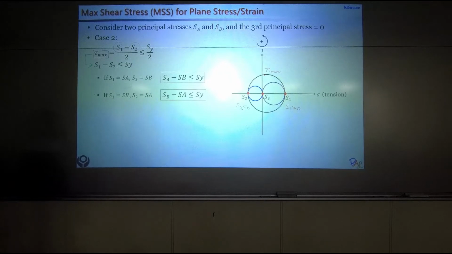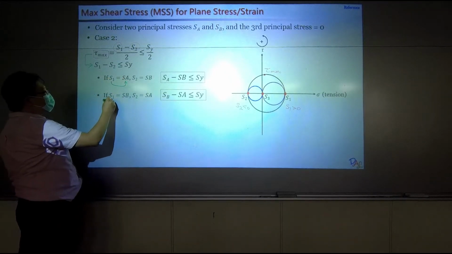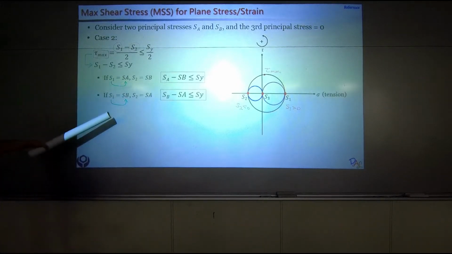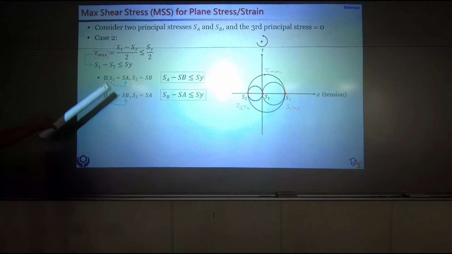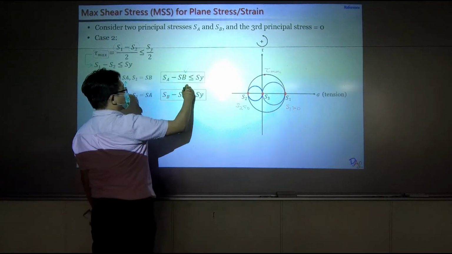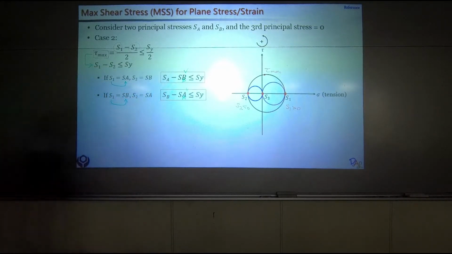But like I said, S1 could be SA or S1 could be SB. So either way, we plug in SA and SB into this equation. So we end up with these two. This should be lowercase. Okay. There are two different possible cases. Okay?